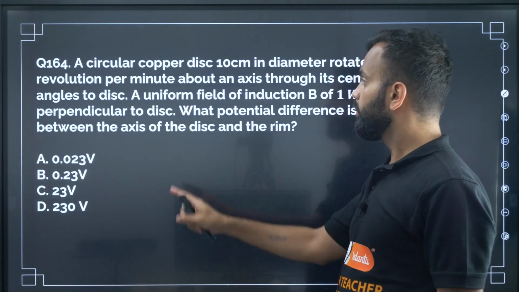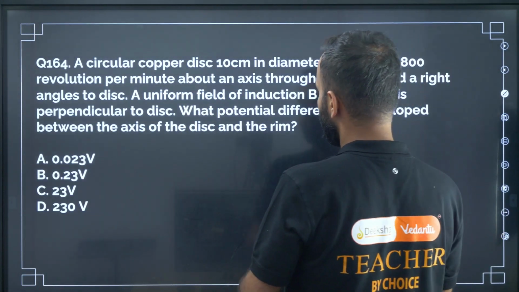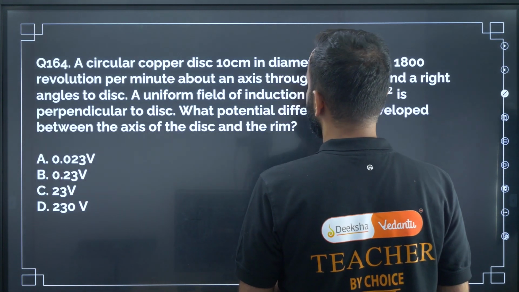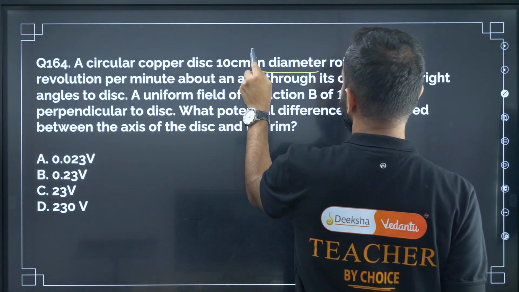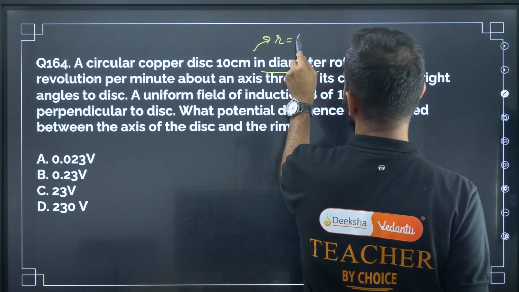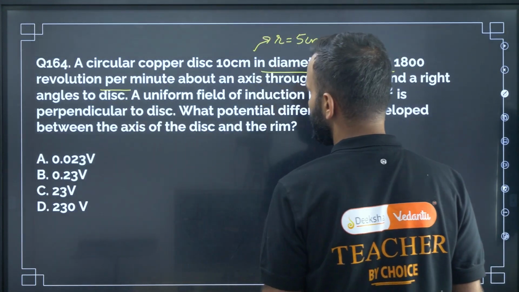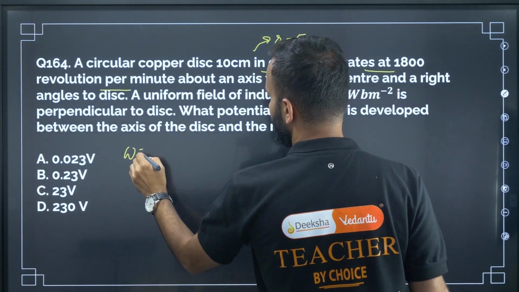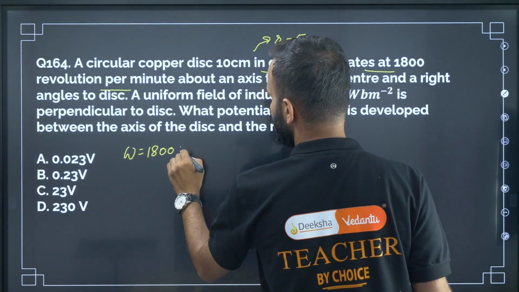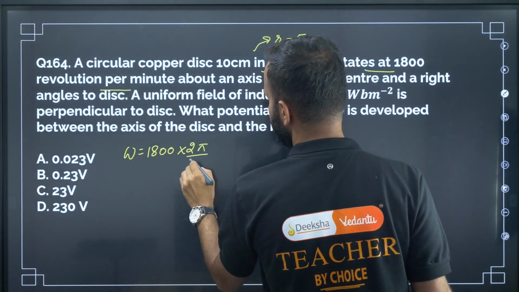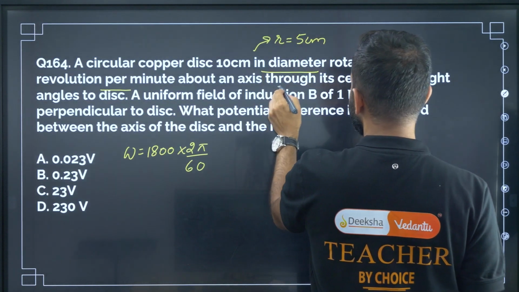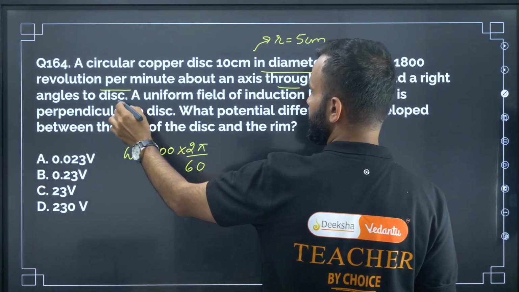Question number 164. A circular copper disc 10 centimeter in diameter, so the radius will be 5 centimeter, rotates at 1800 revolution per minute, that is omega equal to 1800 revolution per minute, that is 2 pi by 60, about an axis through its center and at right angles to the disc.